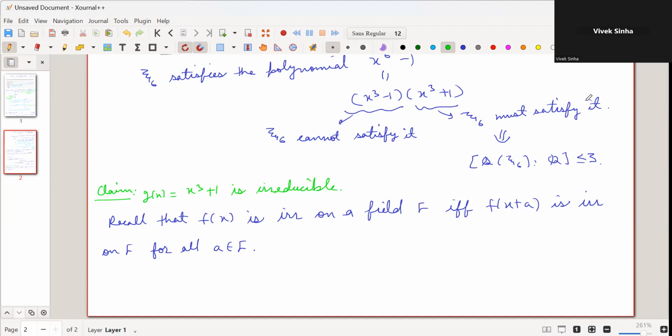But you need not go to 2. 1 will also work. So consider g(x + 1). That is (x + 1)³ + 1.